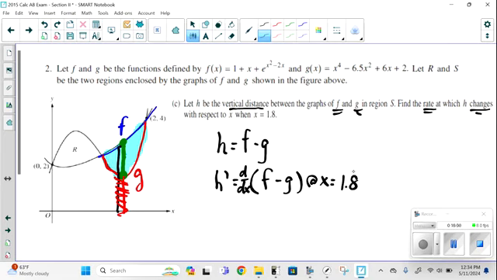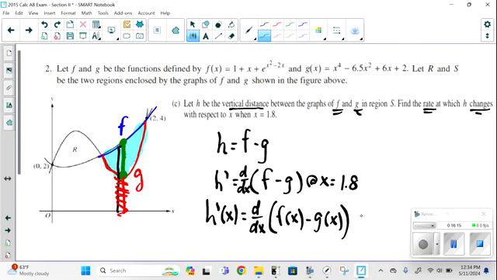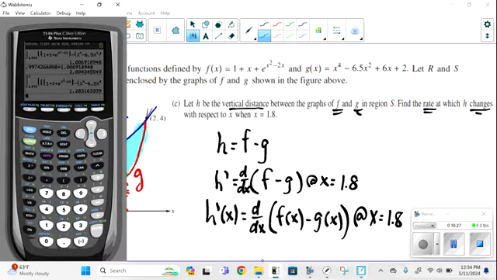If you're one of those people who says you should put the x's there, taking the derivative with respect to x of f of x minus g of x, good for you. At x equals 1.8, we're putting this right into the calculator and hitting enter. That's all we're doing.